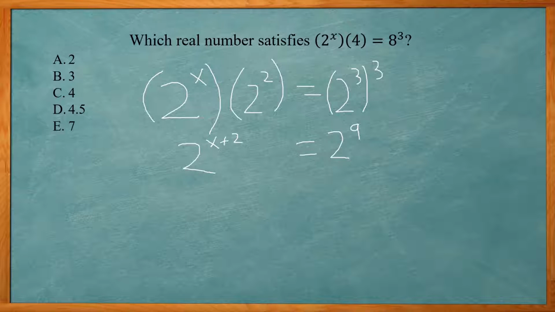And again, 2 raised to the x plus 2 and 2 raised to the ninth power are equal, so we can set the exponents equal to each other. So we have x plus 2 equals 9. I can subtract 2 from both sides, and x is equal to 7.